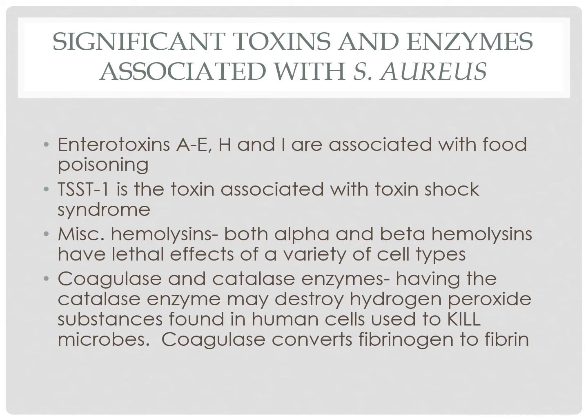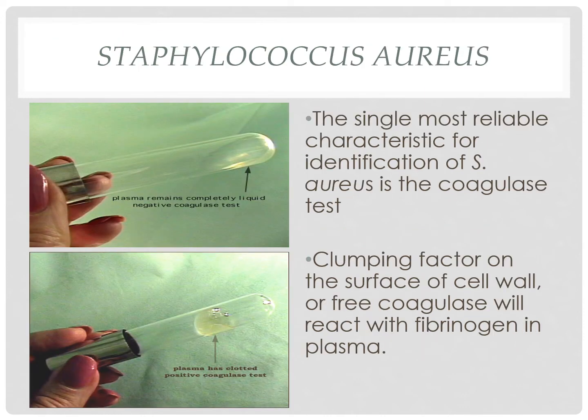Coagulase and catalase enzymes are also enzymes associated with Staphylococcus aureus. And coagulase actually converts fibrinogen to fibrin, and you can see this in the coagulase test where we're using rabbit plasma as the reagent. Staphylococcus aureus is by far the most significant Staphylococcus pathogen.